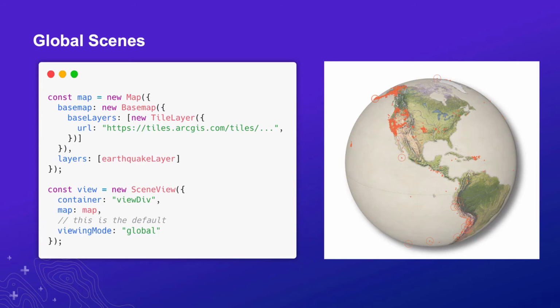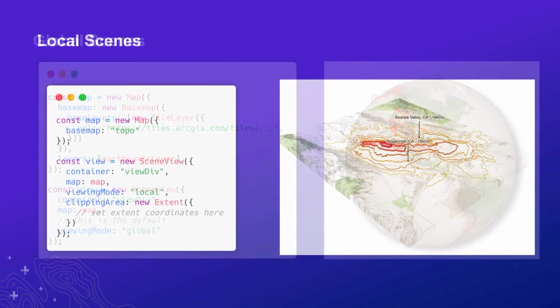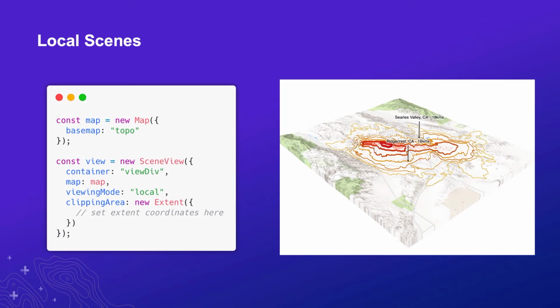And to change between global and local, the property that you would need to set is viewing mode. Now, if you want to have a global view, global is the default value for the viewing mode, so you wouldn't need to set it. But for a local view, you would need to pass in viewing mode as local. So let's have a look at an example of a local scene.